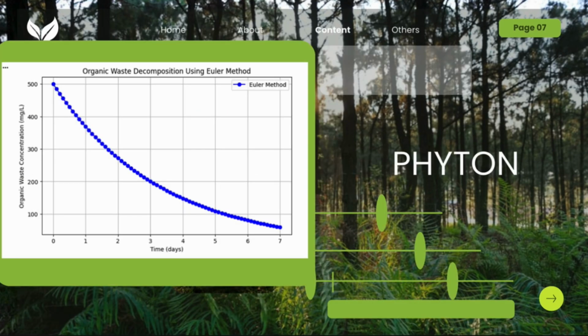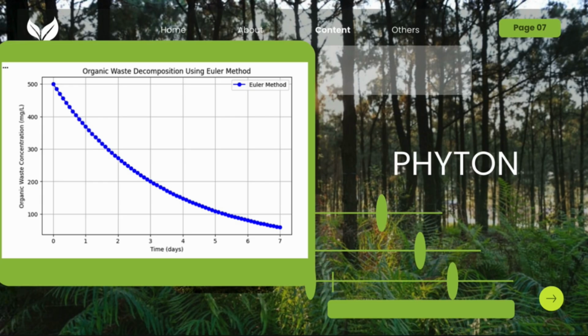This slide presents a high-resolution numerical trend plotted using Python. It provides a smooth exponential decay curve using discrete points calculated via the Euler method. The graph clearly shows the concentration starting at 500 mg per liter and diminishing day by day until the 7th day.